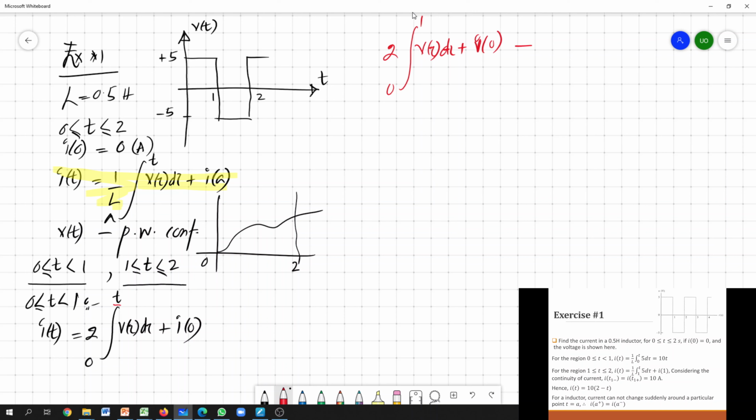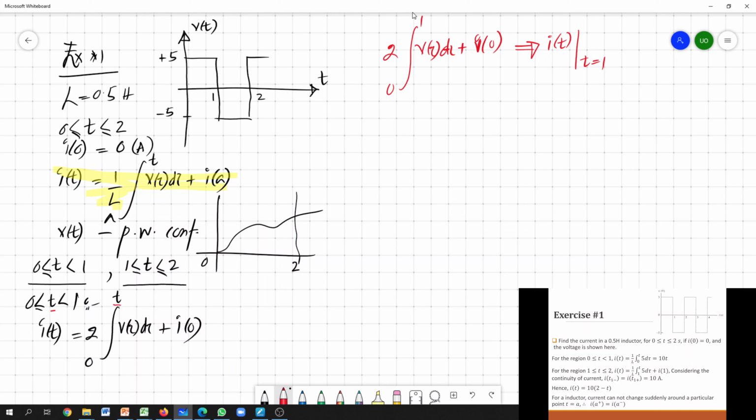What we want is to capture the current variation between 0 and 1, not only the current at t equals 1. That's why I put a random value t here, which is in between 0 and 1. Once you evaluate this integral, it gives an expression that depends on t. By changing t, you can understand the complete behavior between 0 and 1.